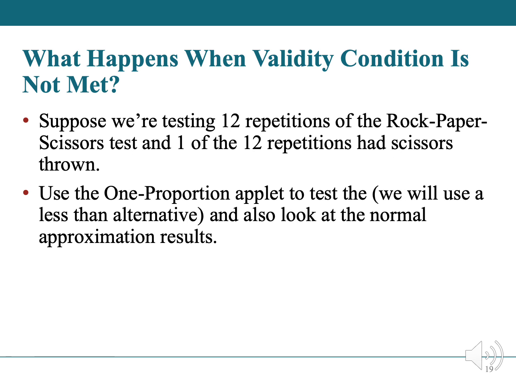What I'd like you to do is to look at this particular thing where we went back to the rock, paper, scissors test with 12 repetitions. One of the repetitions had scissors thrown down. What I'd like you to do is use the one proportion applet to test the hypothesis that it would be 1/3, but then also look at the normal approximation results.